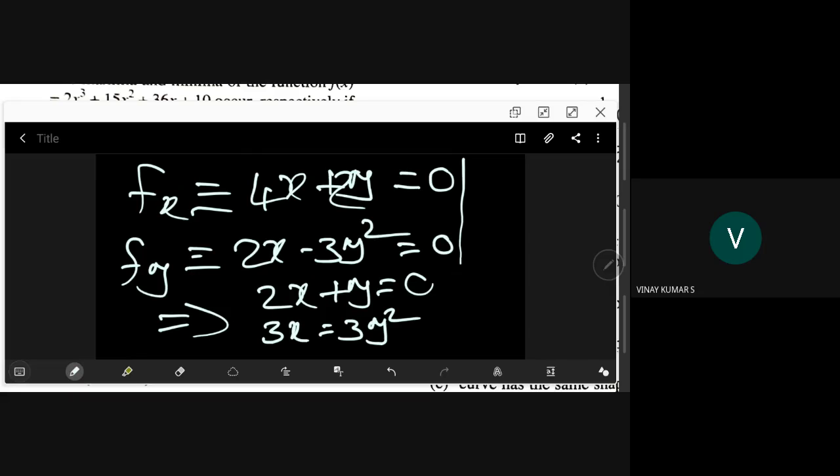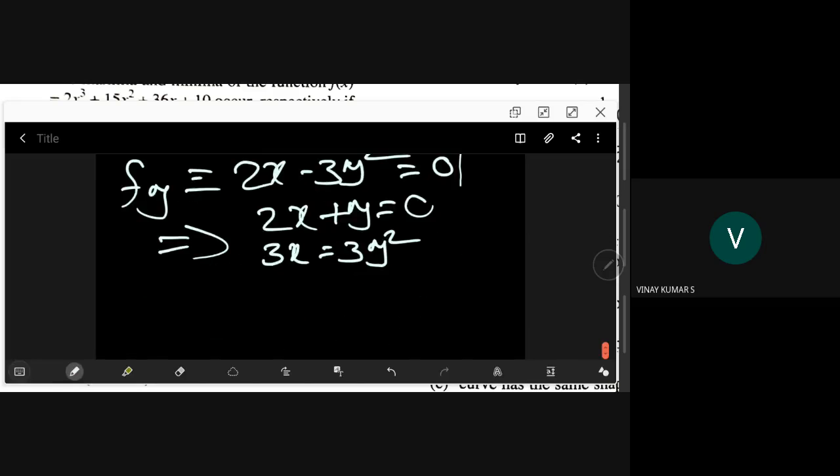If we take these two things simultaneously, we can say y is equal to minus 2x from the first equation.